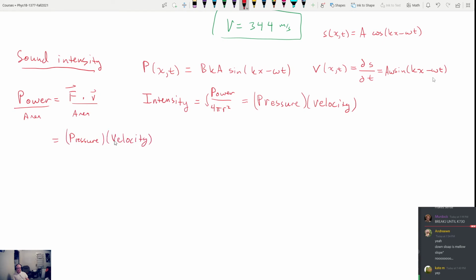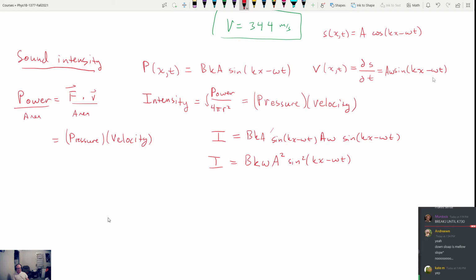So if intensity is pressure times velocity, then our intensity I for a wave should be BKA, that's our pressure, times this. Or written together, that is BK omega a squared sine squared of kx minus omega t.